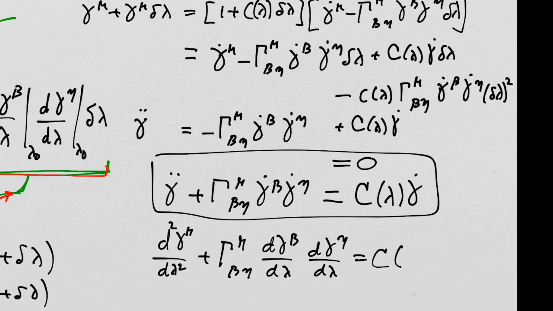That's not a lambda dot, in case it looked like one. C lambda dot. Whoops. I'm doing d gamma mu d lambda.